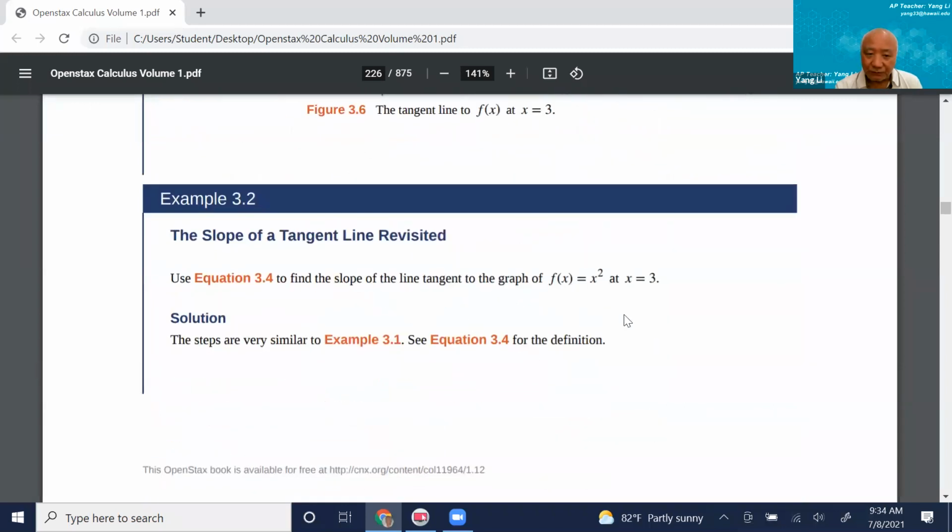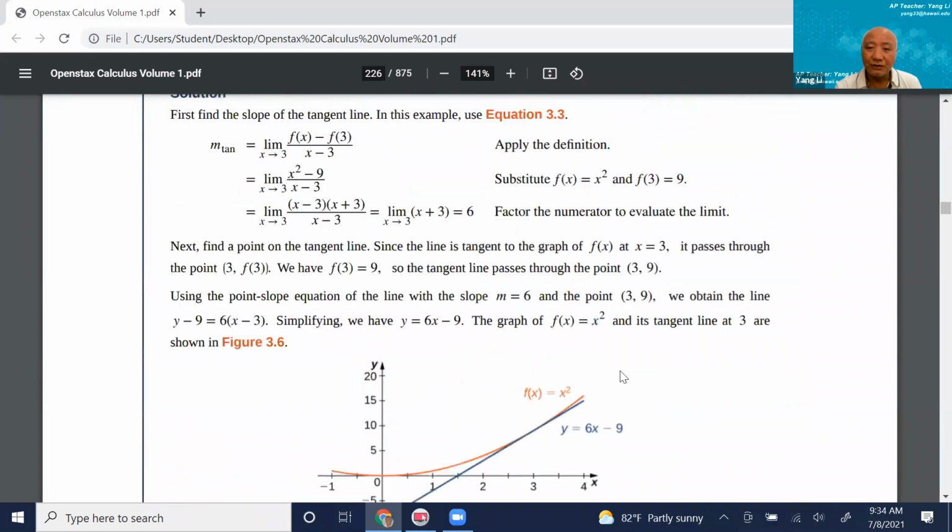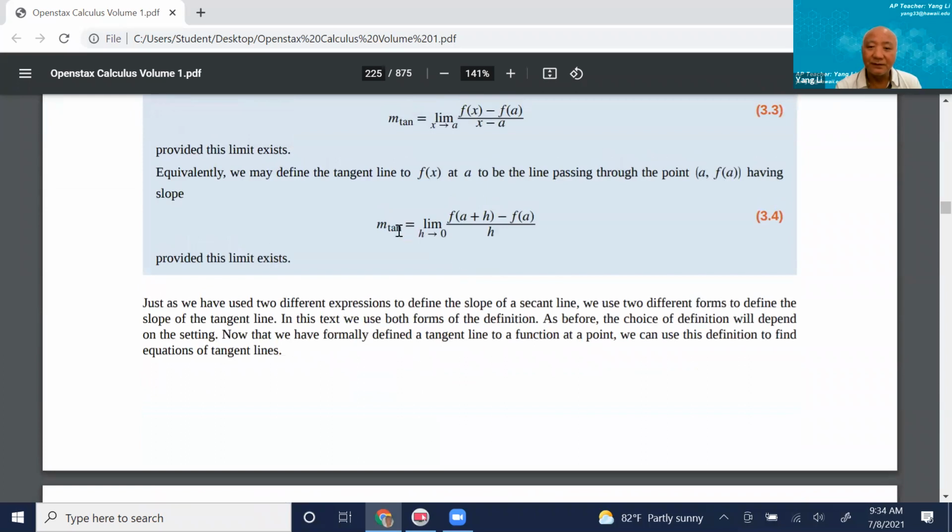Still the same question, but we're going to use a different definition format of the slope of the tangent line, which is this one. To help you view the whole question, I copied it here first. The slope of the tangent line equals the limit as h approaches 0 of f(a plus h) minus f(a) over h. It's a different format, but exactly the same.